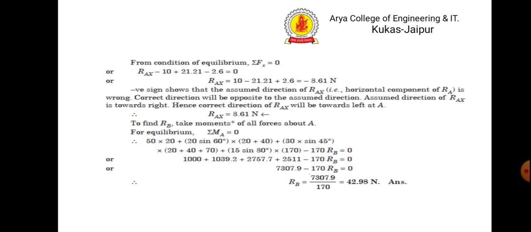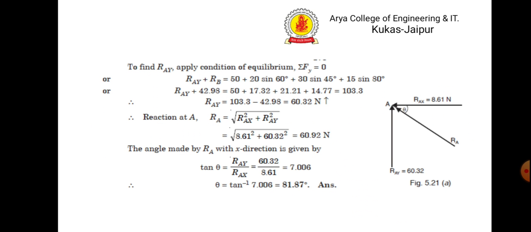If we put these values, it is 50 into 20 plus 20 sine 60 into 20 plus 40 plus 30 sine 45 into 20 plus 40 plus 70 plus 15 sine 80 into 170 minus 170 into RB. So RB is 42.98 Newton.